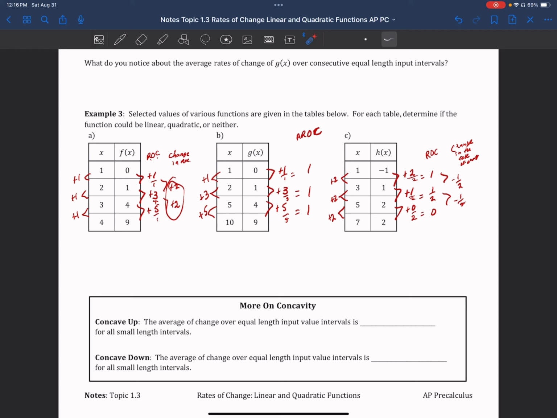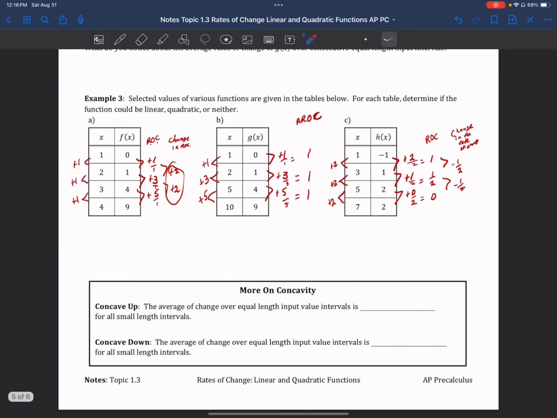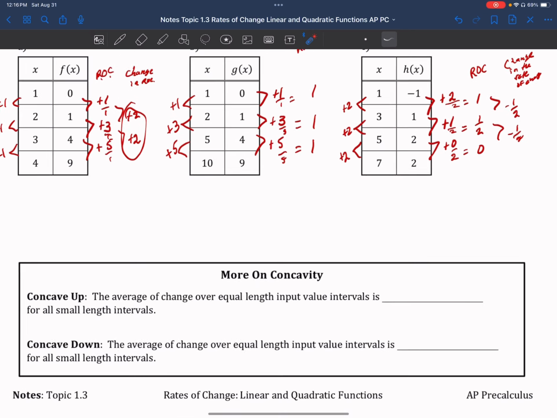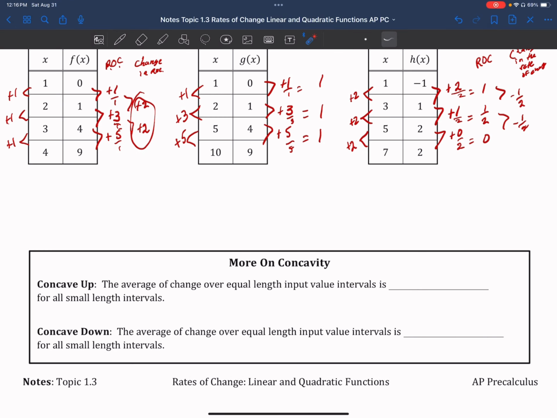So now let's talk a little bit more about concavity. We talked about concavity in 1.1 a lot, so it's coming back, and then we're using today's topic a little bit more to go more into depth with how the rate of change is connected to concave up or concave down. So for concave up, the average rate of change over equal length input intervals is going to be increasing. We already know that definition from before, so we just kind of review.